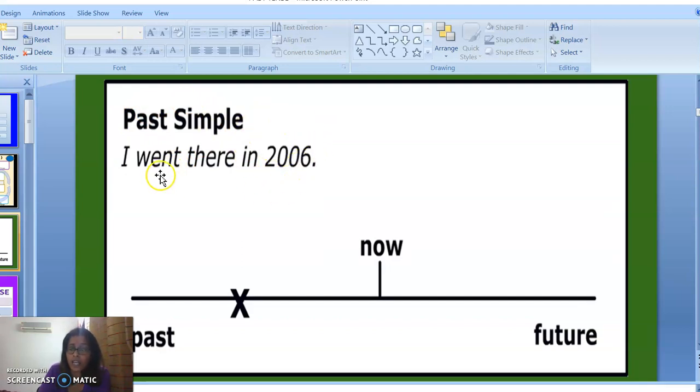Suppose I went to USA in 2006. It means my action of going to USA is over. It's no more relevant in the present time. That's why I have used verb 2 of the base form of the verb go. I hope I am clear. Now moving on to my next slide.